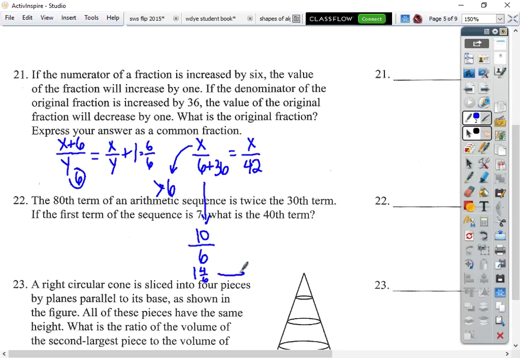So by the end, we hope that ours is, we take away that 1, so it should be 4 sixths. Let's see if that works when we add 36 to the bottom. Then we have 10 over 42. Well, that's not quite right, but we're close, because if we simplified this, it would be close, but we're not quite there.